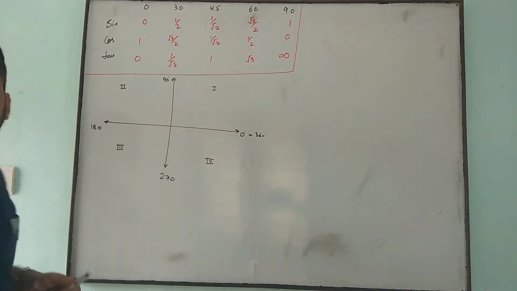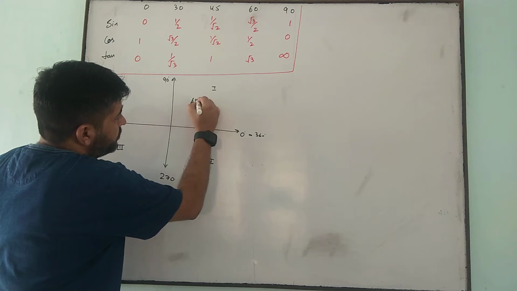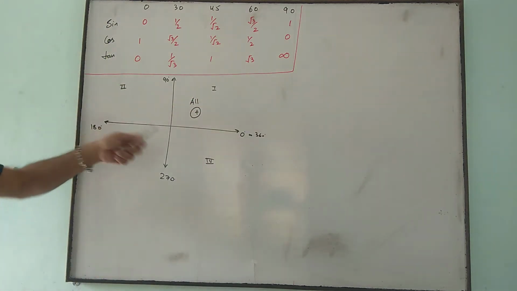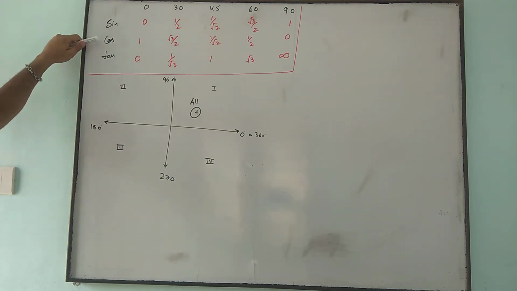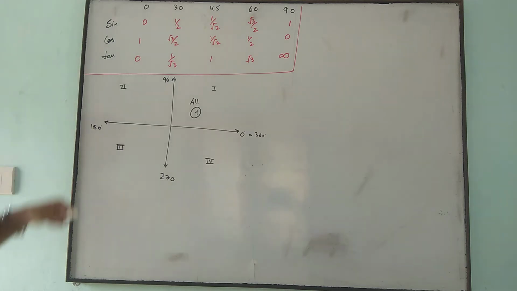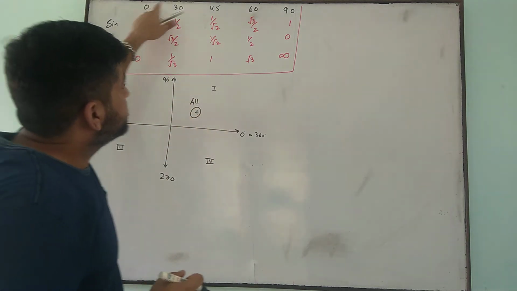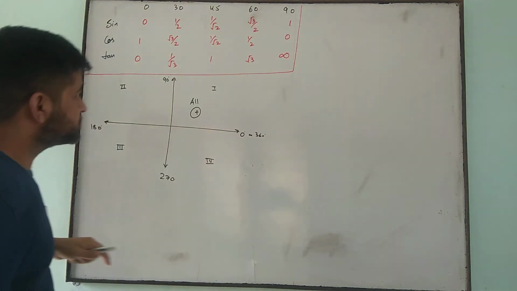In the first quadrant all trigonometric ratios are positive: sine, cos, tan and obviously their reciprocals. Reciprocal of sine is cosecant, for cos it is secant, for tan it is cotangent. So all are positive from 0 to 90. You can see from the table that from 0 to 90 all the values are positive only, right?